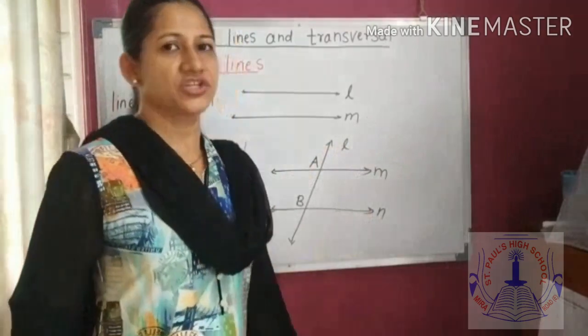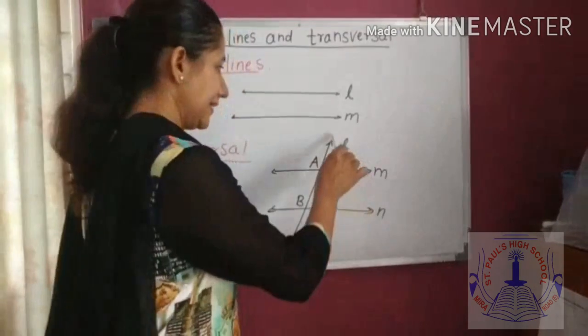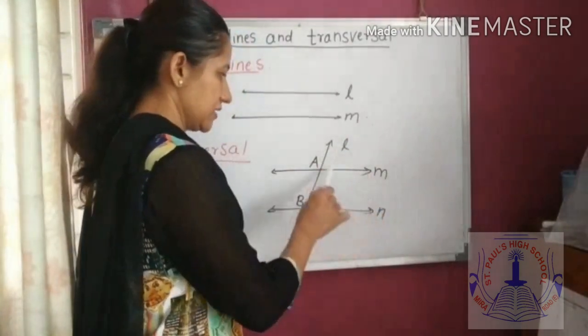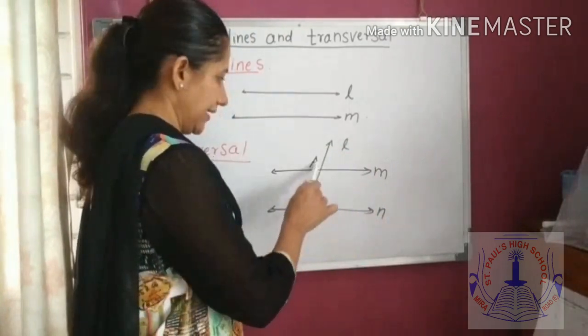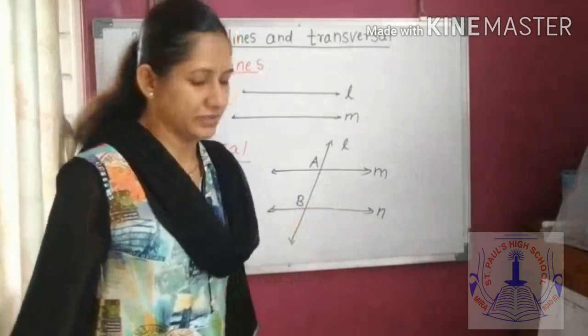This is the definition of transversal. As you can see in this example, line L is the transversal of line M and line N, because it intersects these two lines in two distinct points, that is point A and point B. Is that clear to you? Fine.